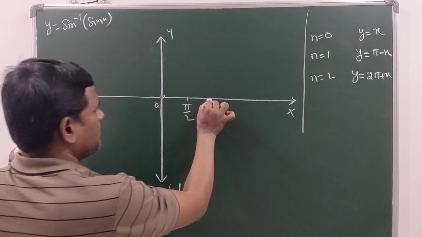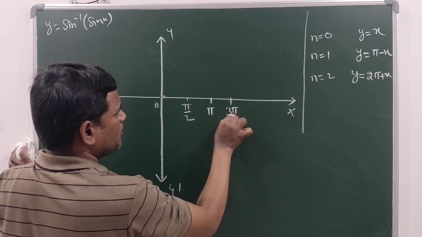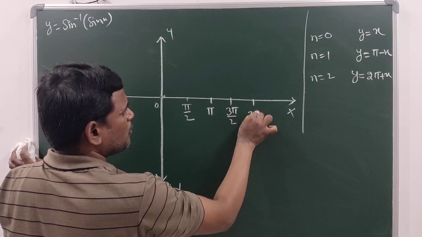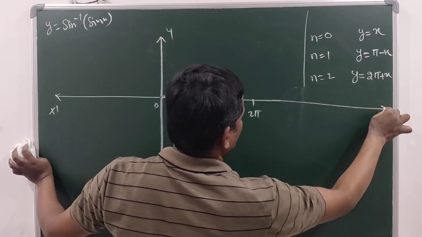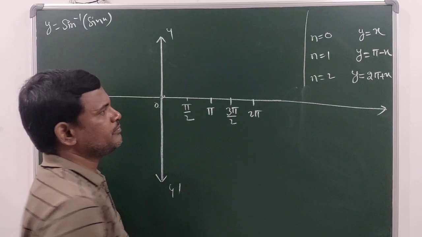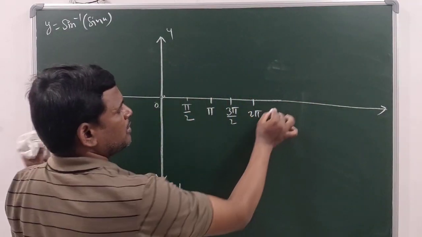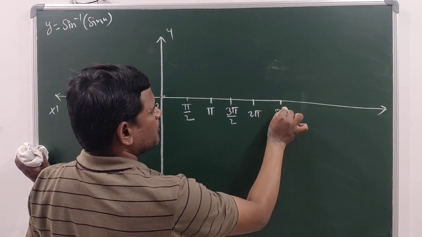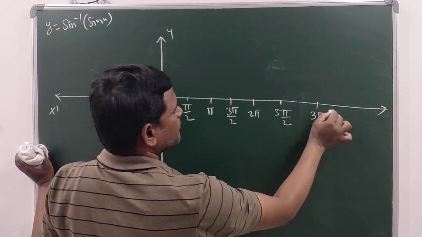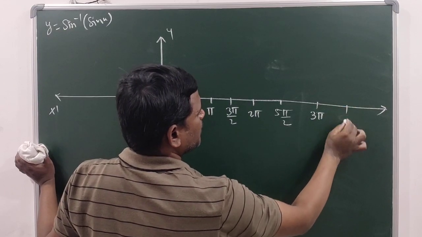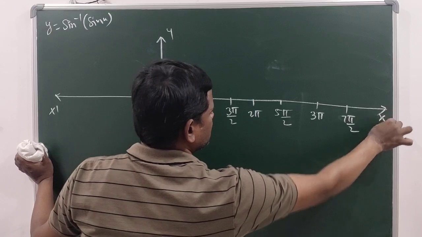And here it is pi and 3 pi by 2, 2 pi. Here it is 5 pi by 2, here it is 3 pi, here it is 7 pi by 2, and so on. This is the x-axis.